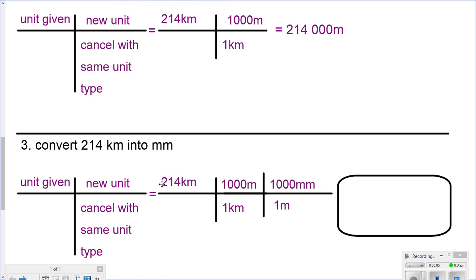I am given 214 kilometers, and I will go to my base unit, meters. Kilometers, kilometers, meters. Since kilometers is bigger, it's higher on the chart, that keeps the 1. This is lower on the chart, keeps the 1,000. Now I go from meters to millimeters. Therefore, 1 meter here, 1,000 millimeters here. Why 1,000?